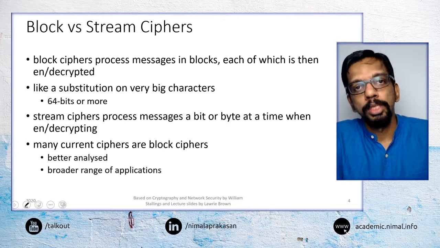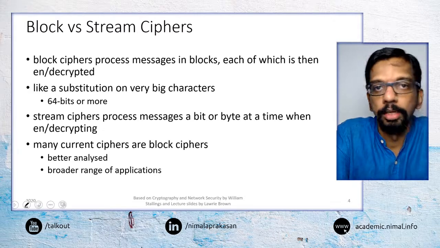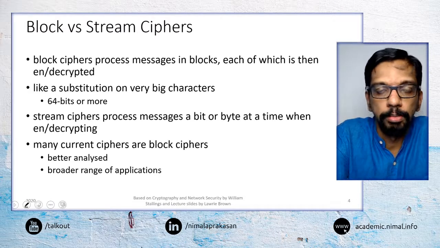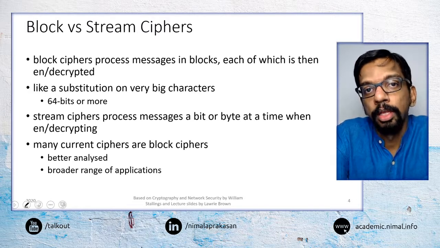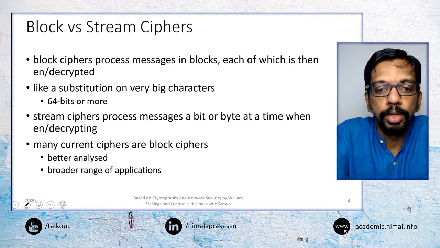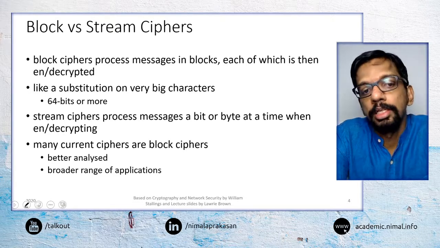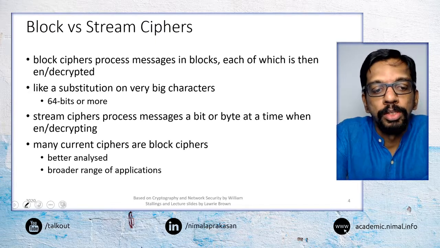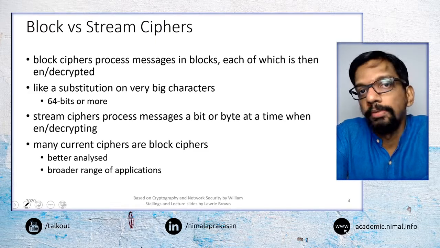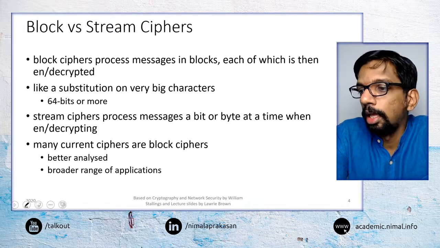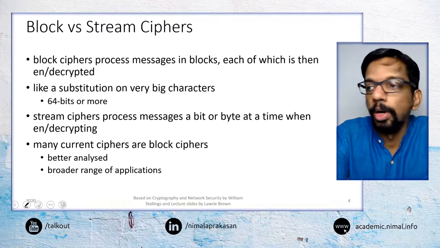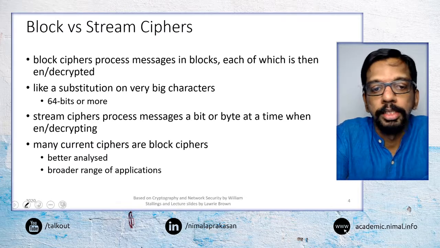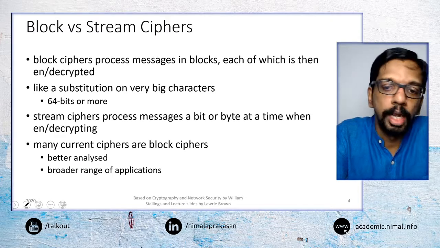When we think about symmetric key encryption, particularly where the same key is used by the sender and the receiver, there are two main categories: block ciphers and stream ciphers. The main difference between them is how they process the information, or how they take a message and do the encryption and decryption.